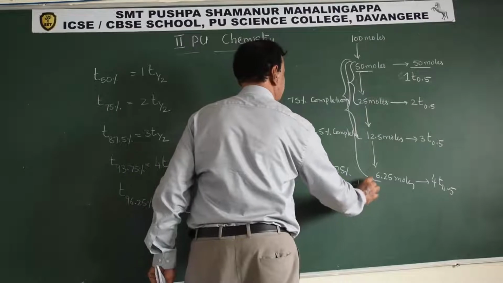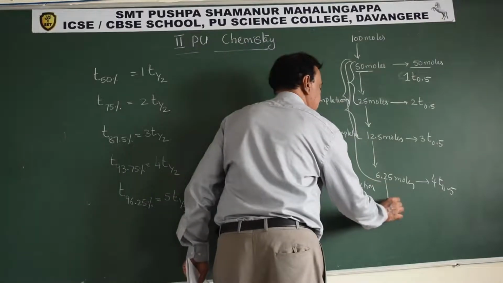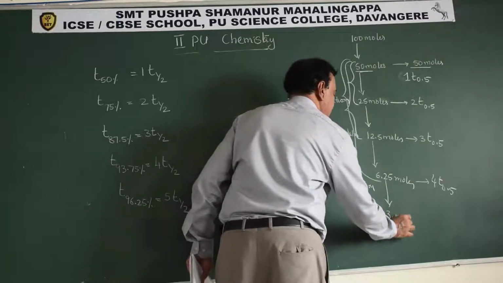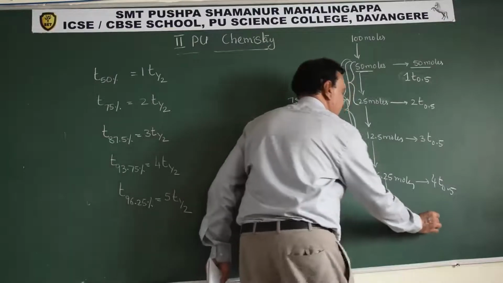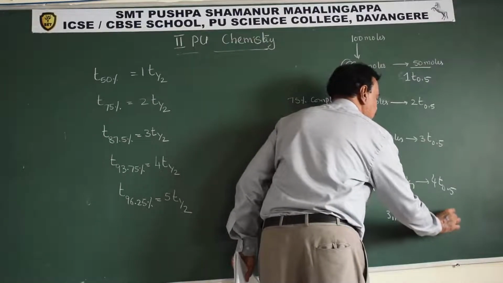Again 3.125 moles, that is the fifth half-life, 5 times T half.